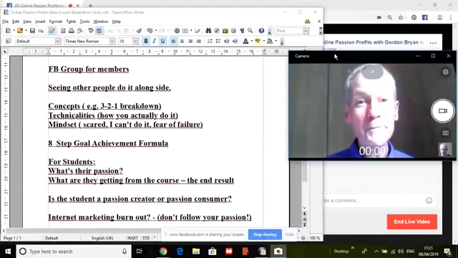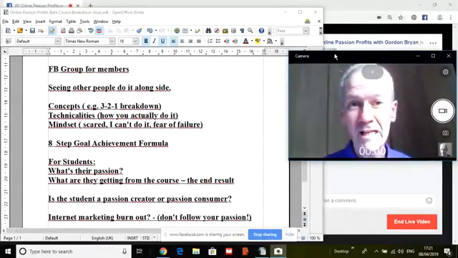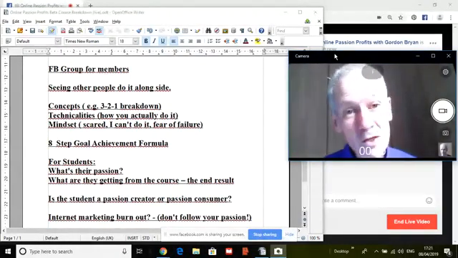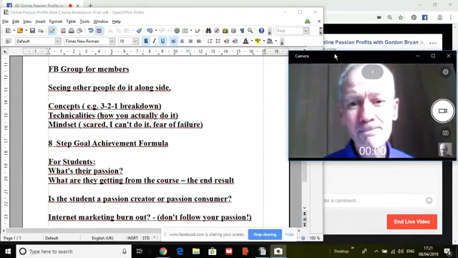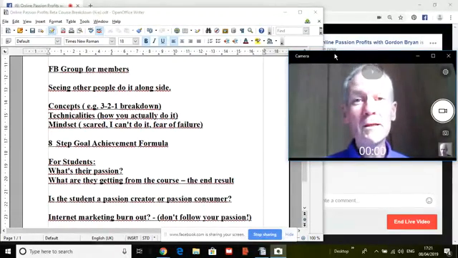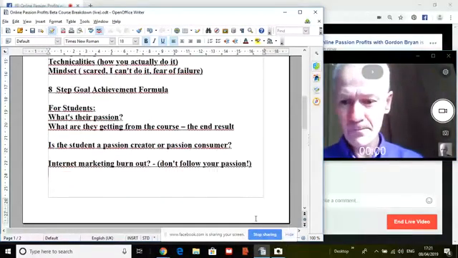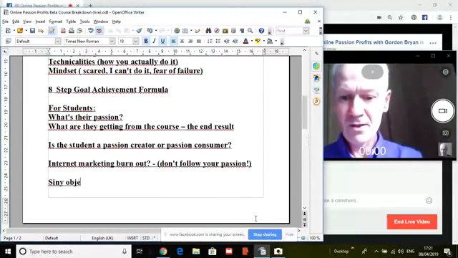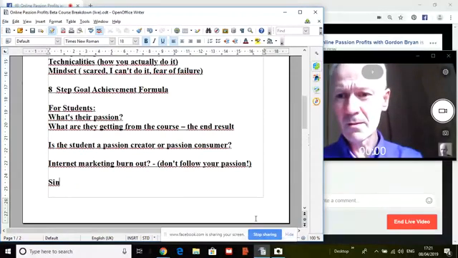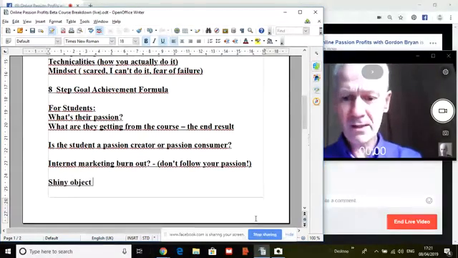And something else that a lot of people find in the internet marketing niche, and I've been guilty of this myself, so I know it's true, is shiny object syndrome. In fact, let me write that down. Shiny object syndrome and the launch merry-go-round.